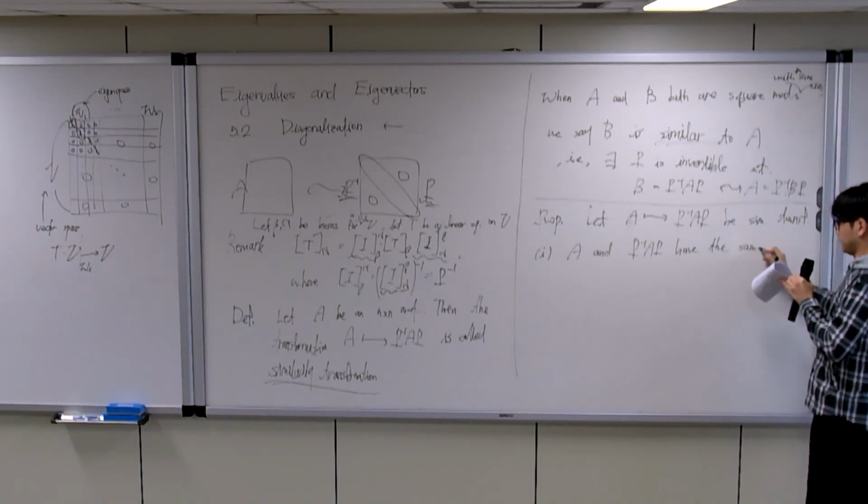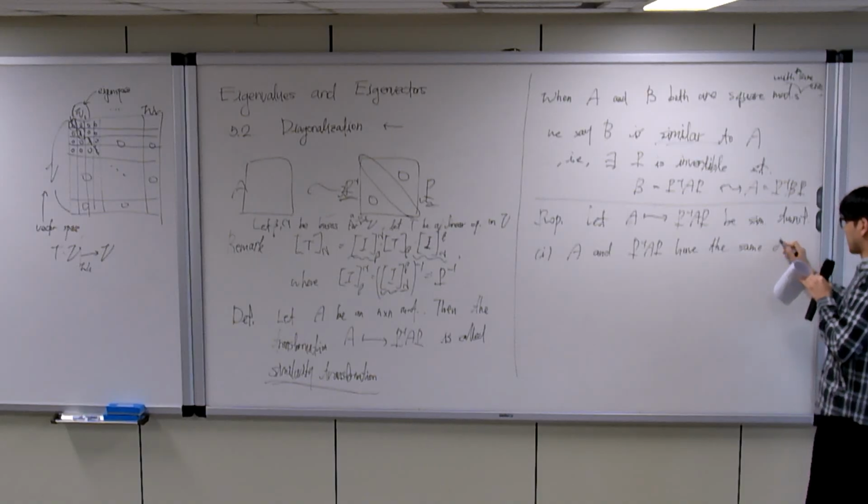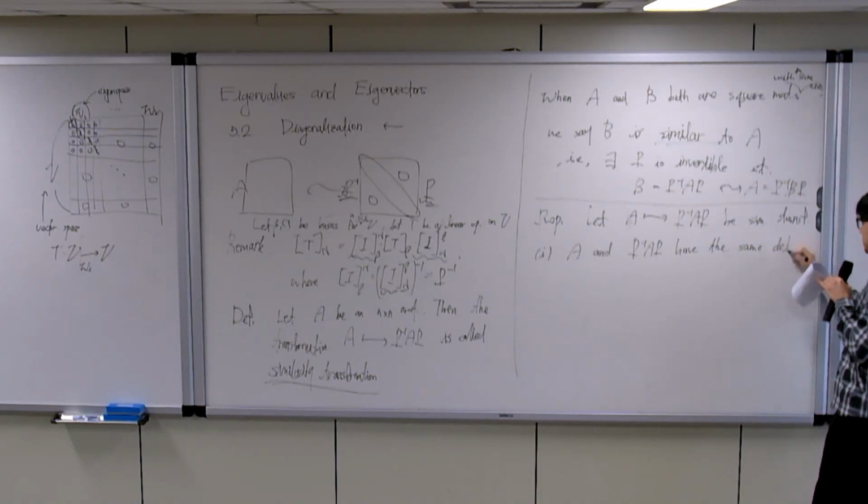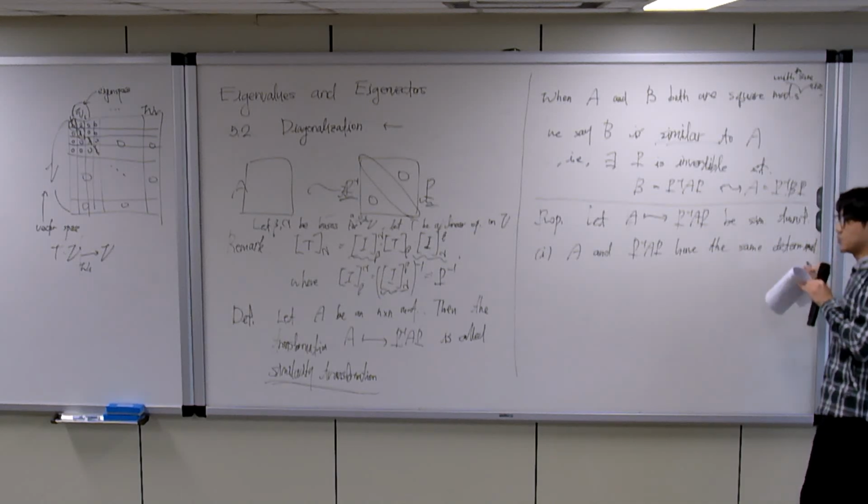Same trace. Trace was the sum of the values of the main diagonal, and actually I want to mention this one. A and P inverse AP have the same characteristic polynomial.